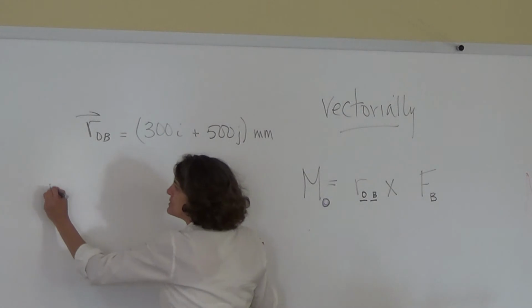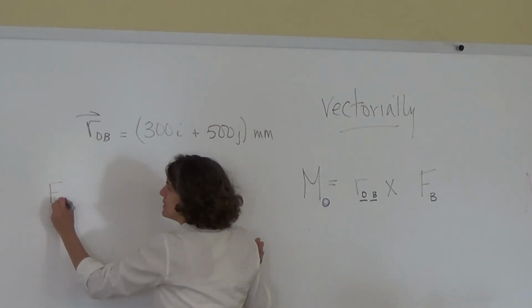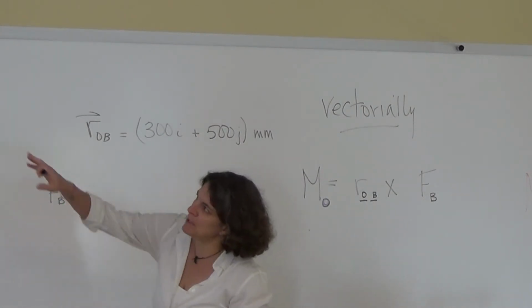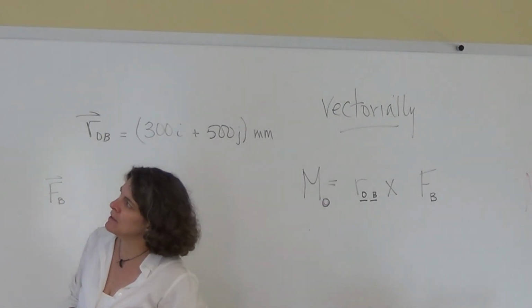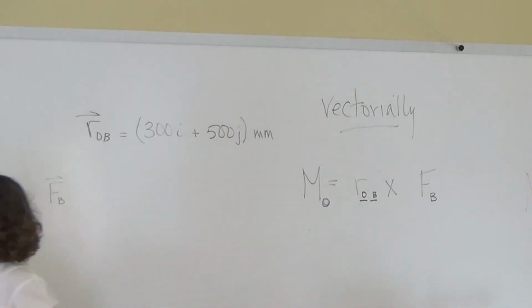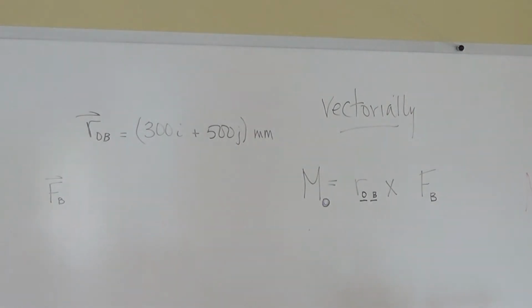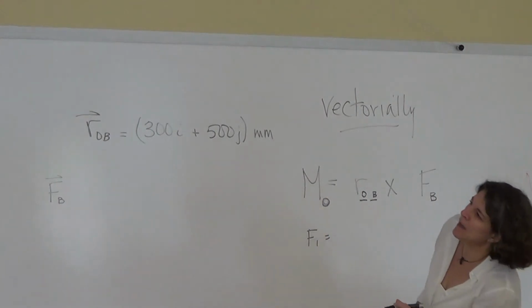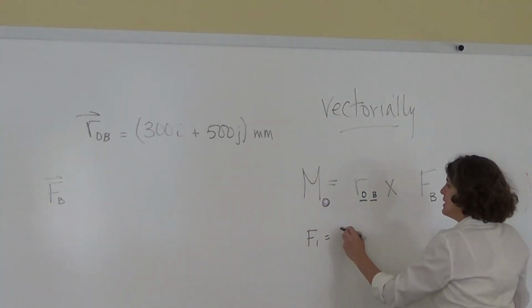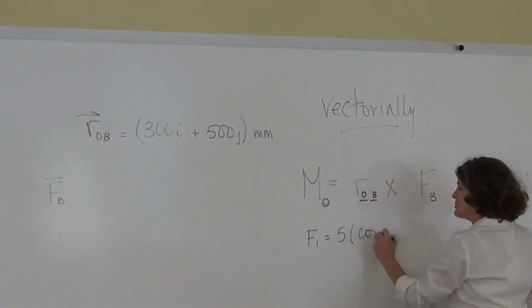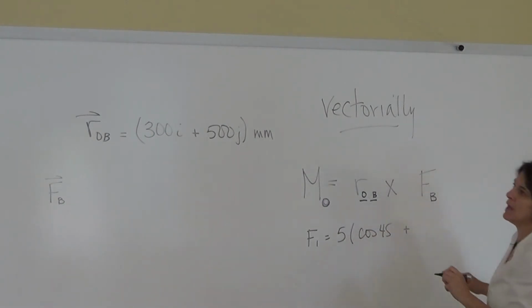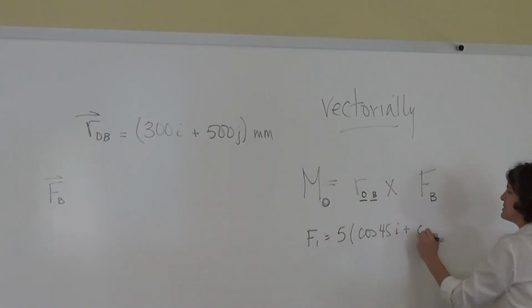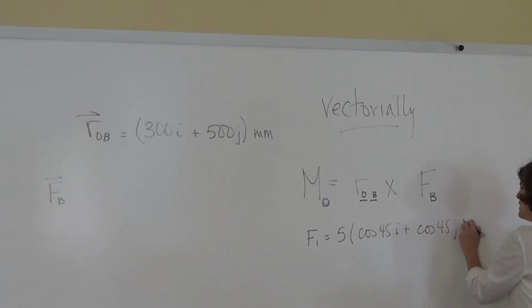And now we want to represent the force in vectors. And the force at B, we have two forces there, right? I don't know if we ever wrote down what all the forces were. What were the X and the Y components? Let's write it over here first. F1 is 500 times the cosine of 45 i plus cosine of 45 j.